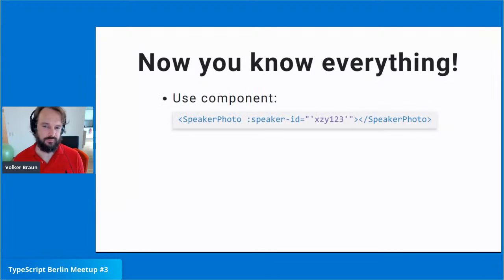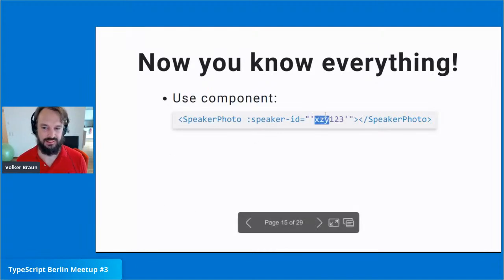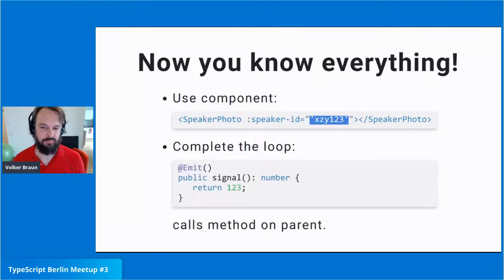All right, just to quickly review what we did. Now we know everything about Vue.js. We made a component called speaker photo. We hand in our ID, which is here a literal string, which of course it wouldn't be in production, but just as an example.